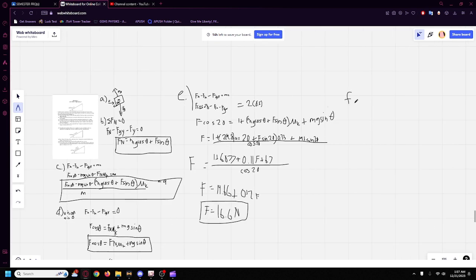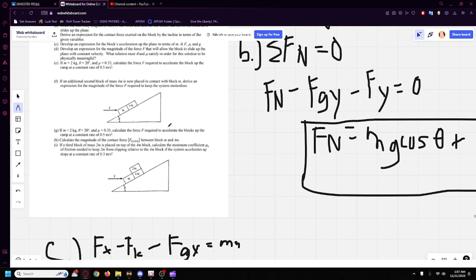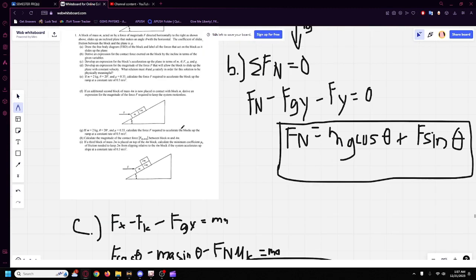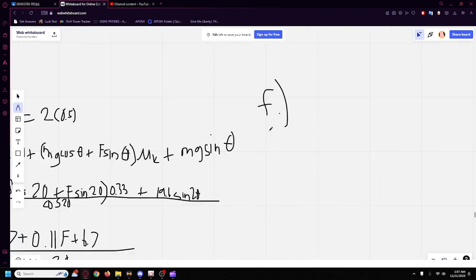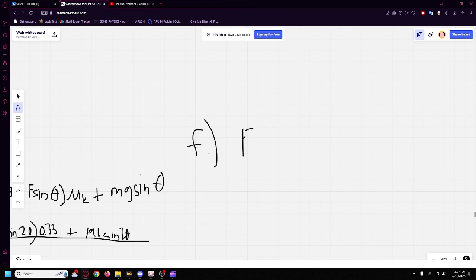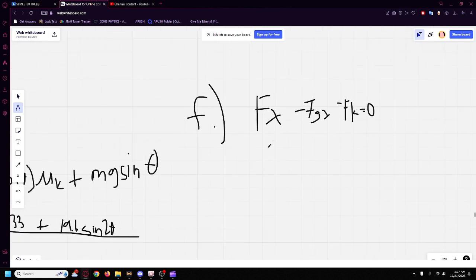Part F asks for m and keeping it motionless. So that means that F_x minus F_gx, because the assumption has to be that this will be the best way to get to 0.